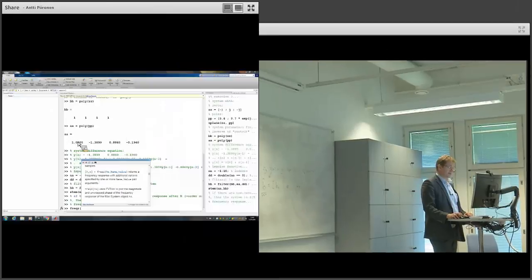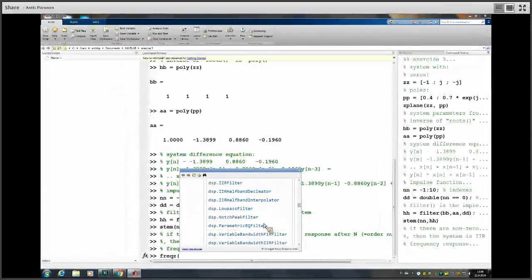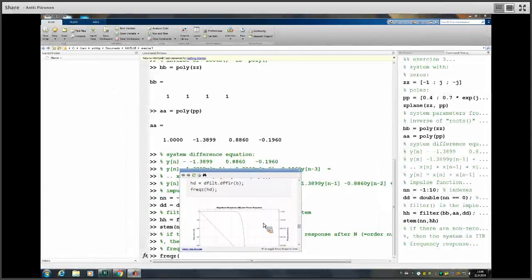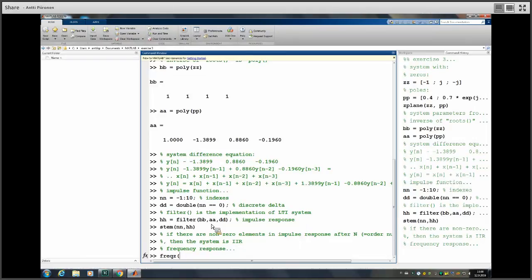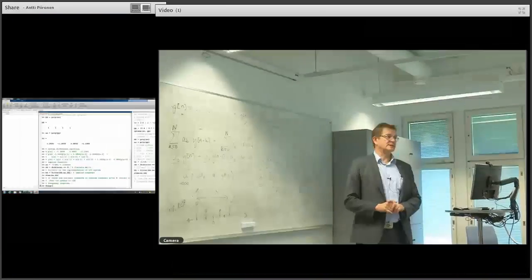Let's see if it has the old format. I'll just show it since there are 2 versions of filter or frequency response on MATLAB.